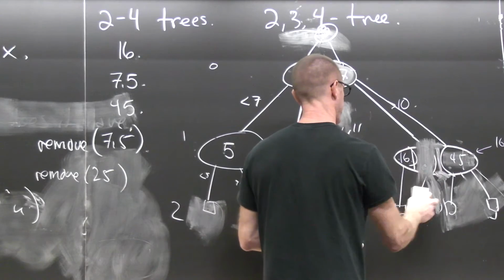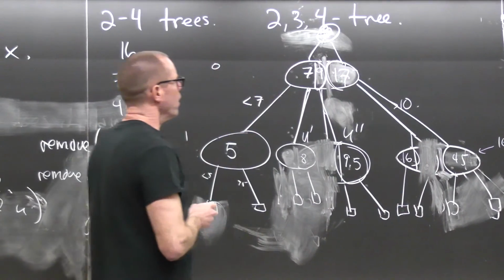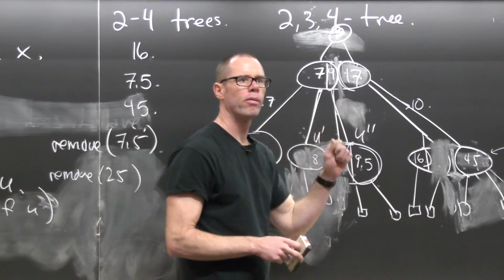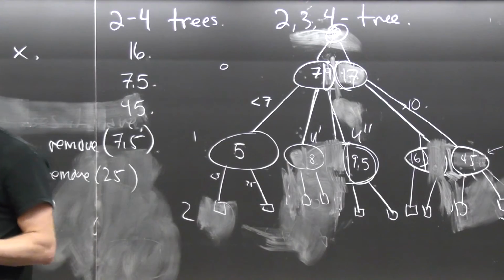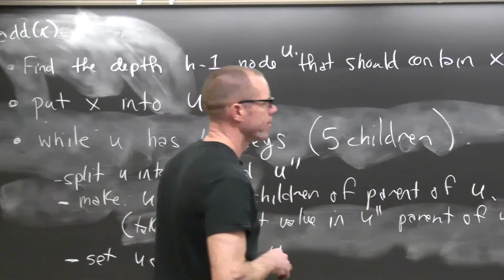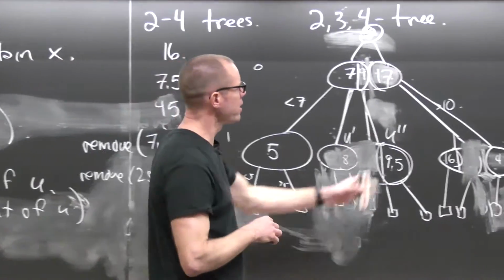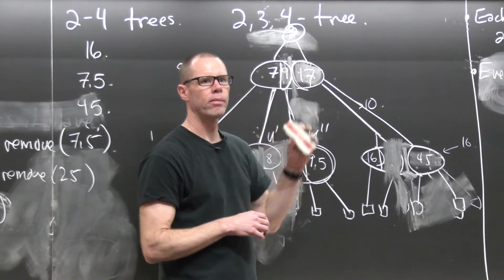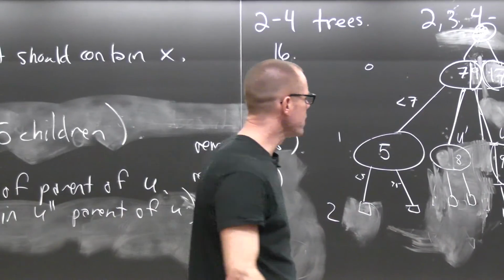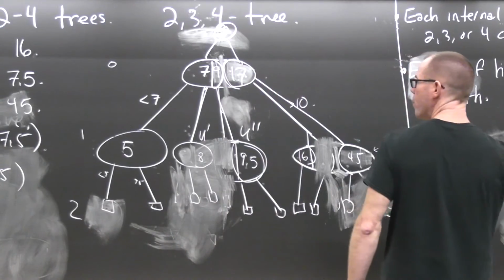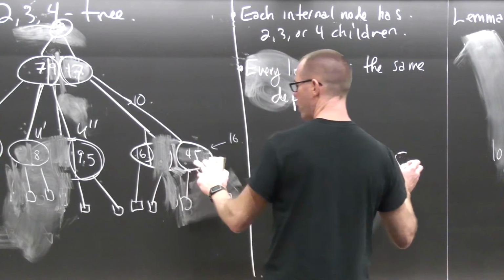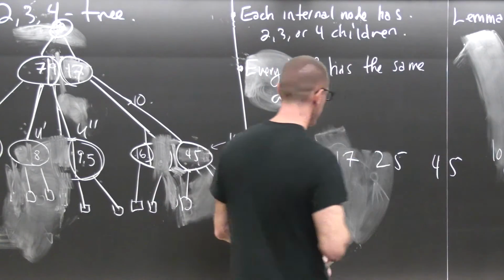Okay. Now, why was it okay to put 17 here instead of 25? Could we have put 16 here instead? Yeah, because the picture looks like this. If we sort all our numbers, what we see is 16, 17, 25, and 45.